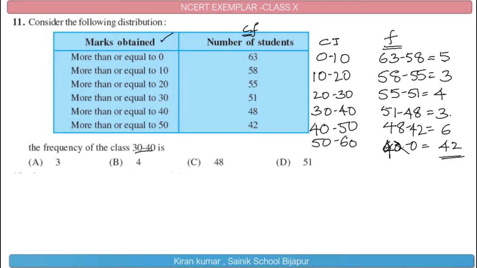The question is to find the frequency for the class interval 30 to 40, which is 3, and this verifies option A is the right answer.